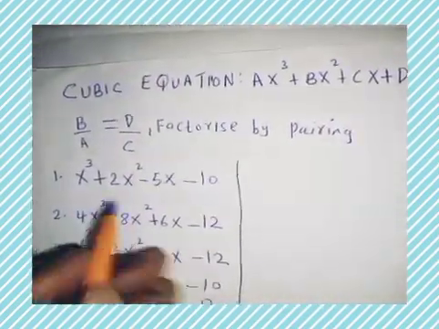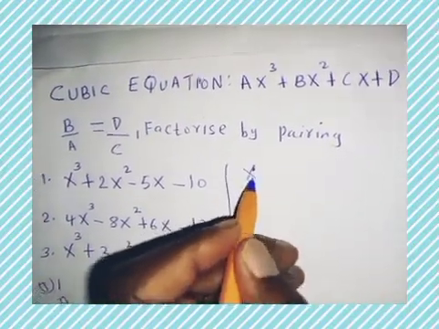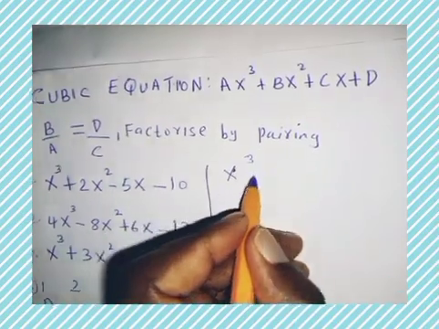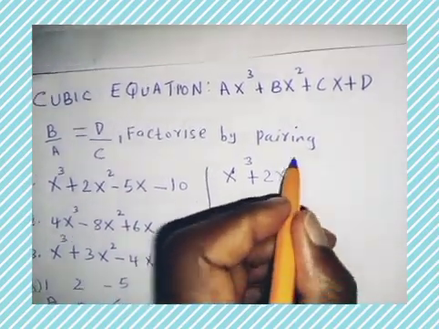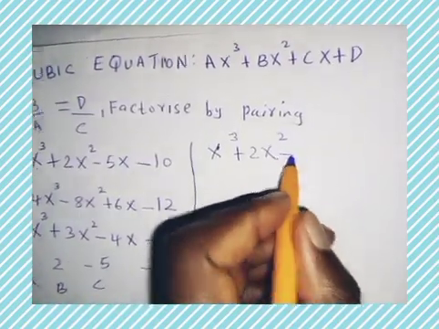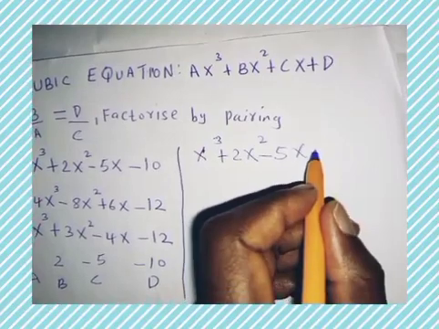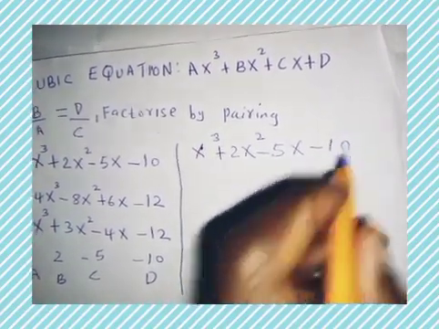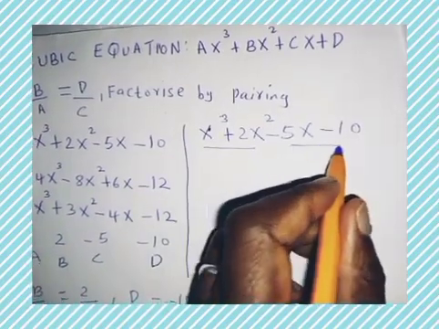Here we have x cubed plus 2x squared minus 5x minus 10. We are going to pair the first two and the last two.